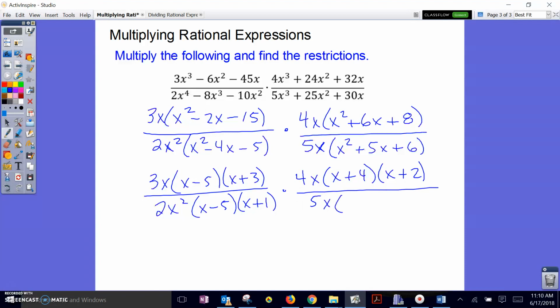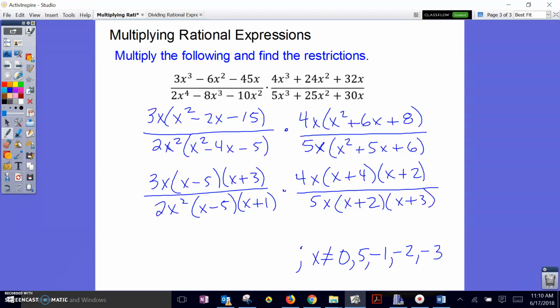And I've got x plus 2 times x plus 3. Again, I'm going to identify the restrictions first here. x can't be equal to 0, 5, negative 1, negative 2, and negative 3.